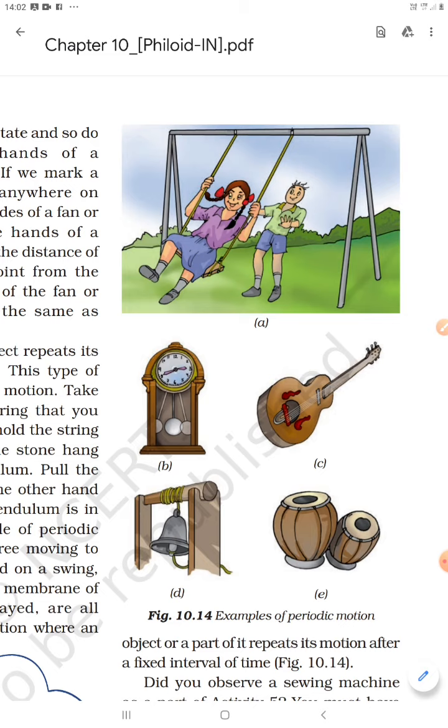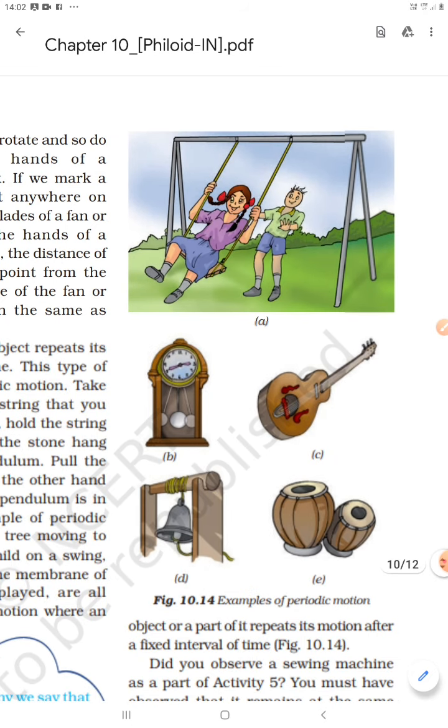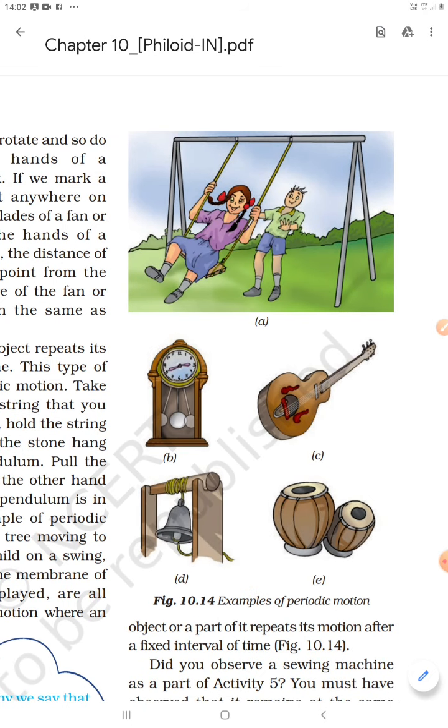The earth moves around the sun and repeats this motion every time. So this motion is called periodic motion. When any motion repeats in equal intervals of time, such type of motion is called periodic motion.